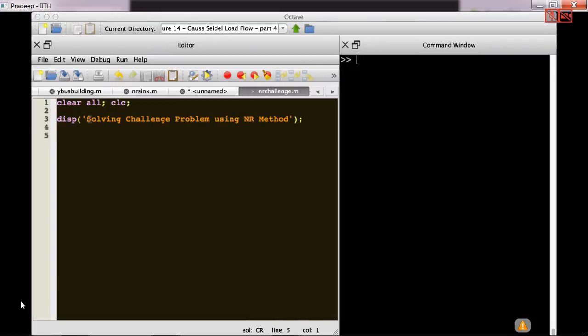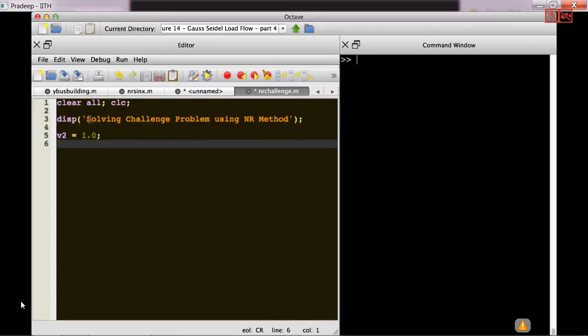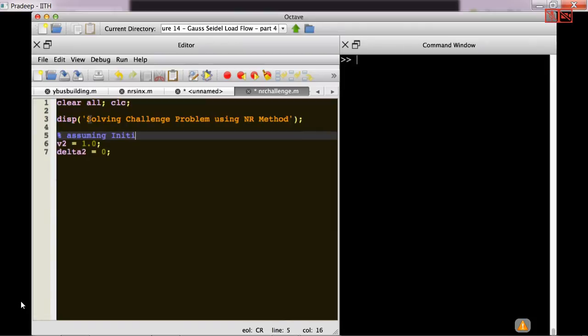V2 equal to 1.0, this is the initial value, and delta 2 equal to 0, this is again an initial value. Assuming initial values.